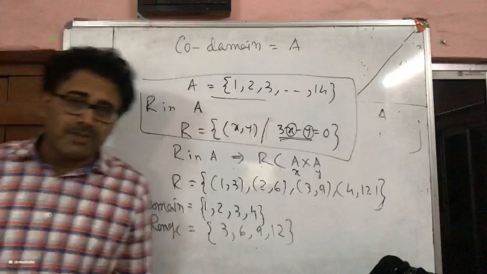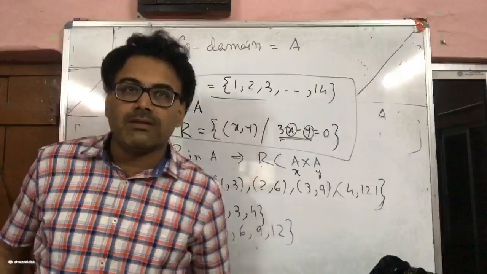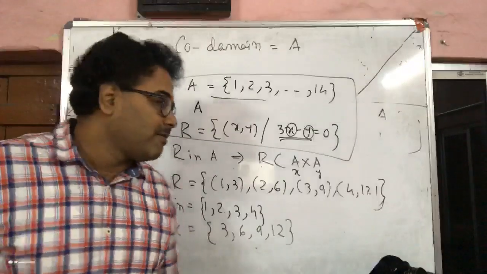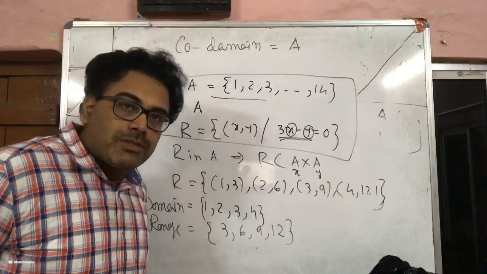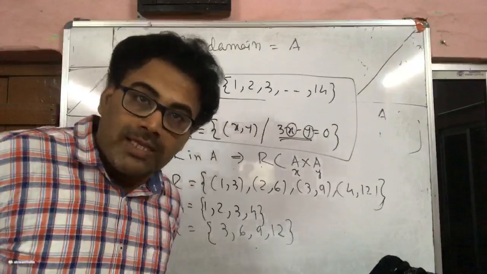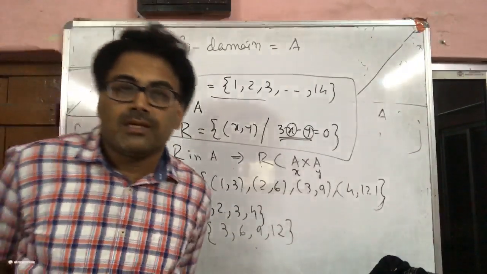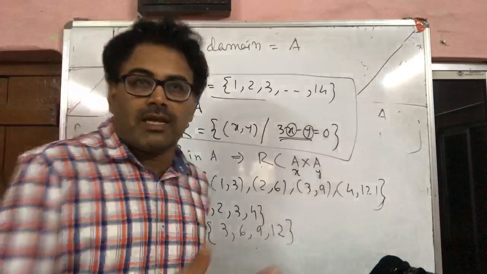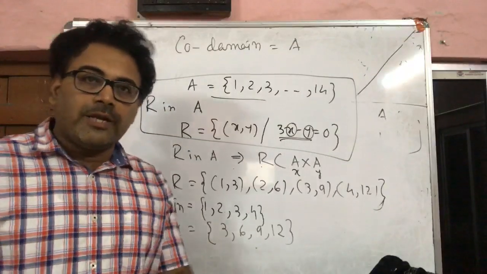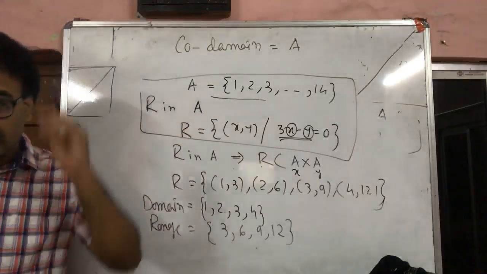Now the set of all permissible values of x is called the domain, the set of all outputs, all y's, is called the range, and the next set is called the codomain. Next means here from A to A, the second A is called the codomain.